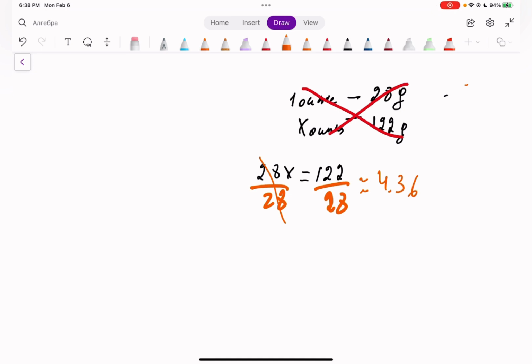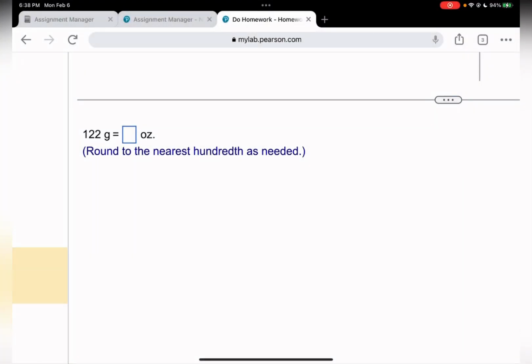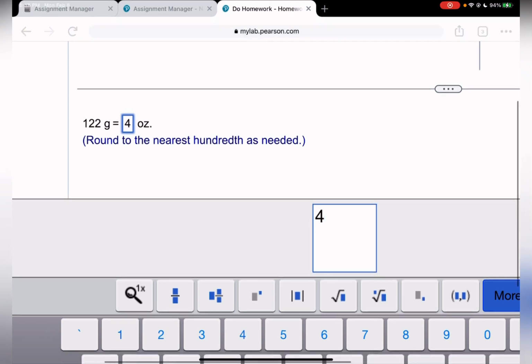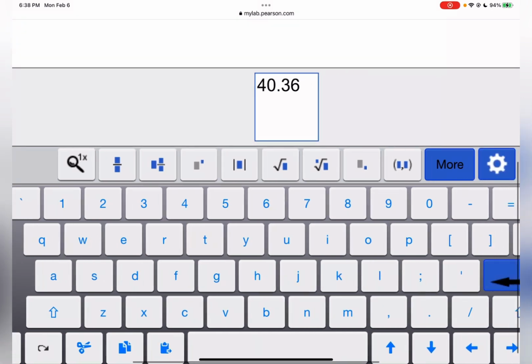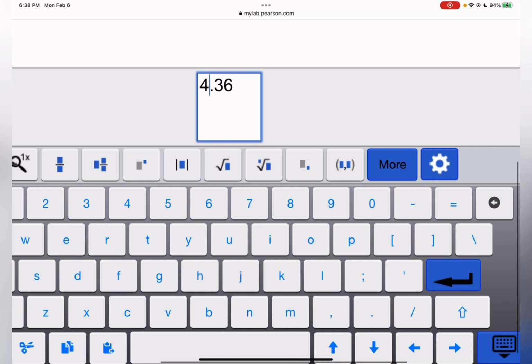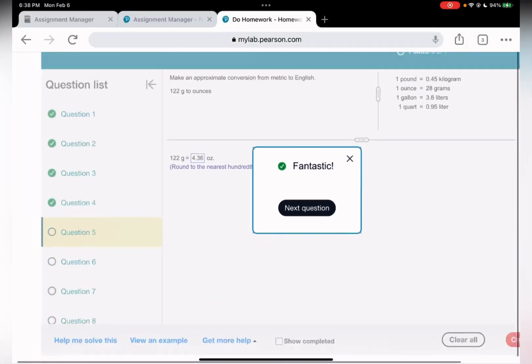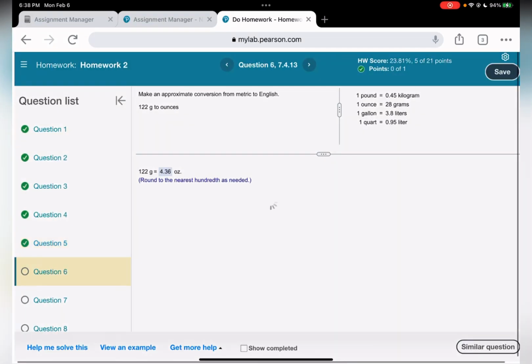I round it to the nearest hundredth, so 4.36. Okay, fantastic.